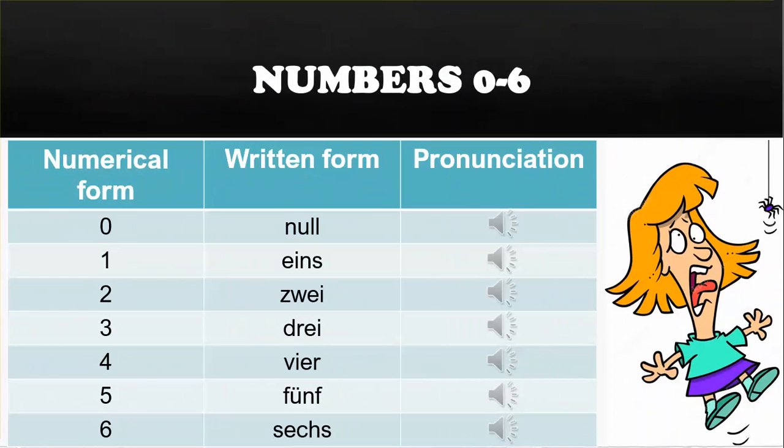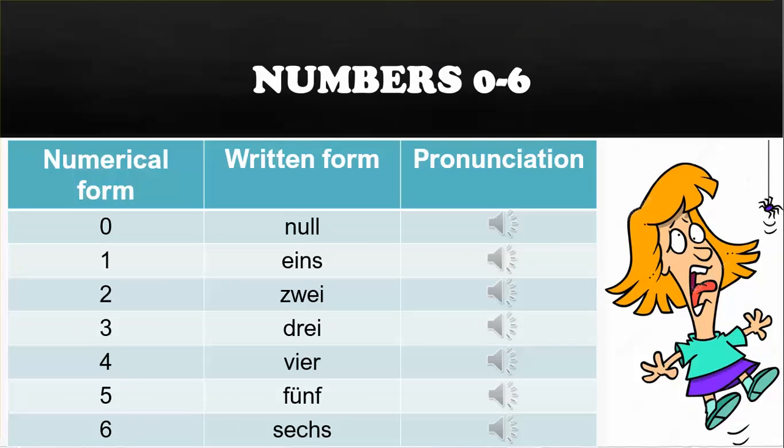Let's first look at the 7 numbers here from 0 to 6 in German. And yes, 0 is a number, even though we often exclude it in counting, but we will start with the number 0.